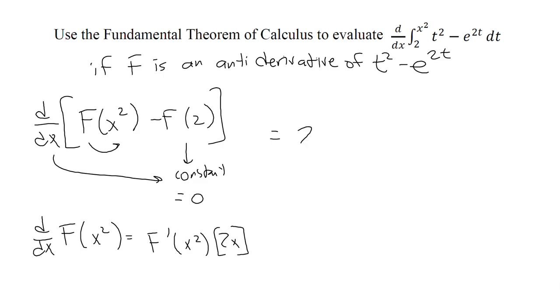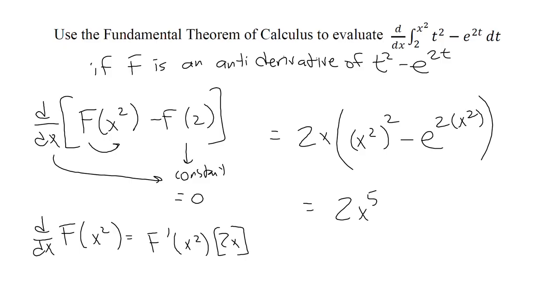So this equals 2x times my original function evaluated at x squared, which would be x squared squared minus e to the 2 times x squared. That simplifies to 2x times x to the 4th, or 2x to the 5th, minus 2x e to the 2x squared.